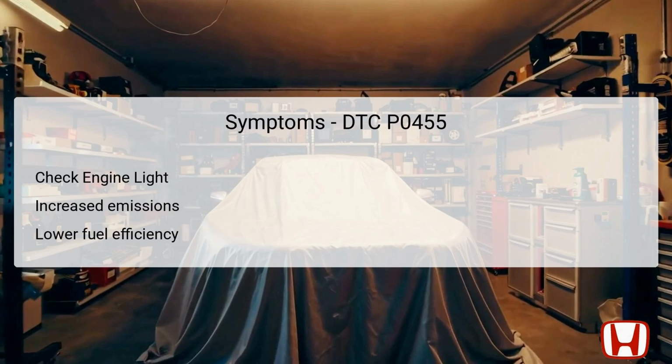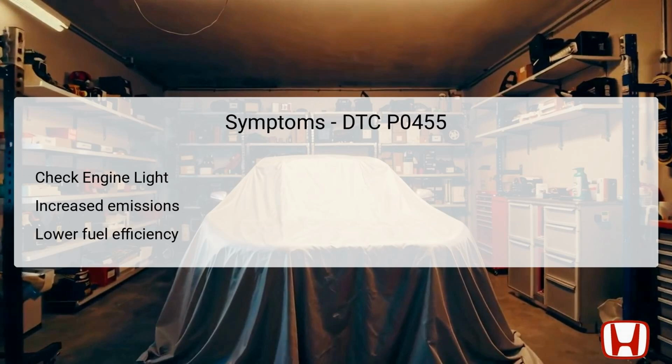The symptoms associated with DTC P0455 primarily include the illumination of the check engine light, CEL, which indicates that the vehicle's onboard diagnostics have detected an issue. Higher emissions levels may also be observed as the EVAP system fails to contain vapors, leading to environmental and legal implications.